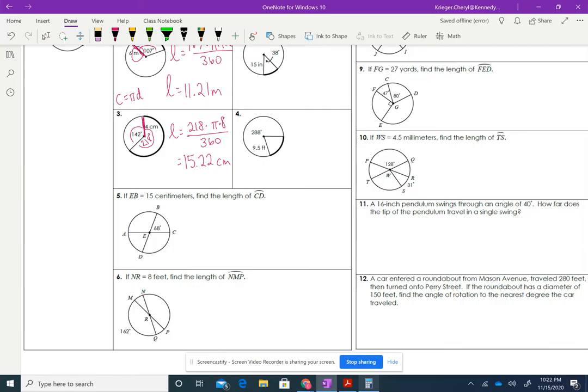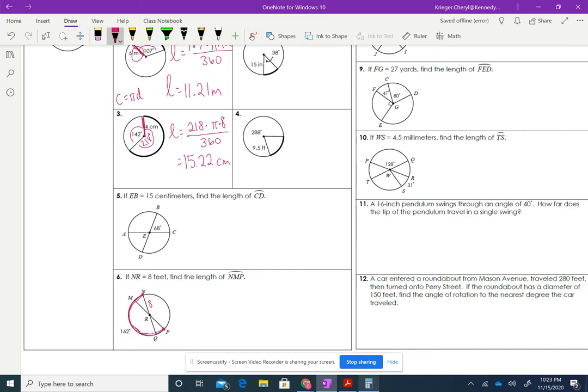So number 6, we have the radius NR is 8. Find the length of the major arc NMP. Okay, so major arc is going to be from N through M to P. So I just bolded that in pink here.